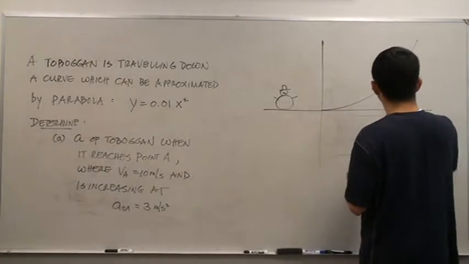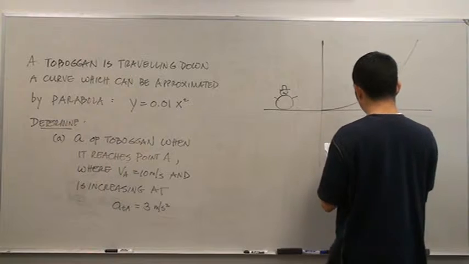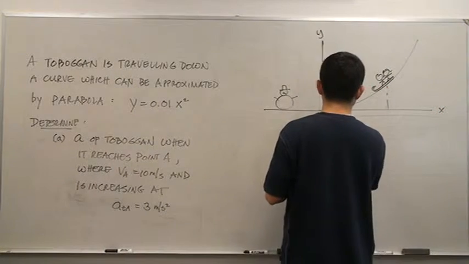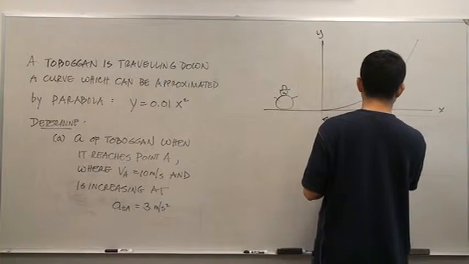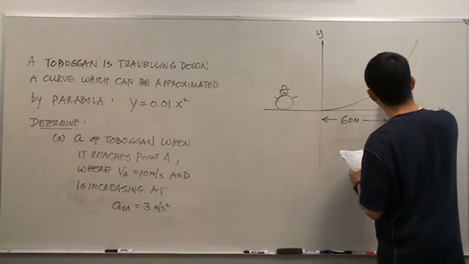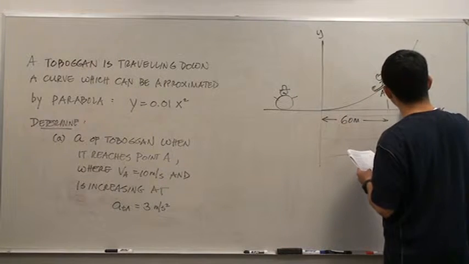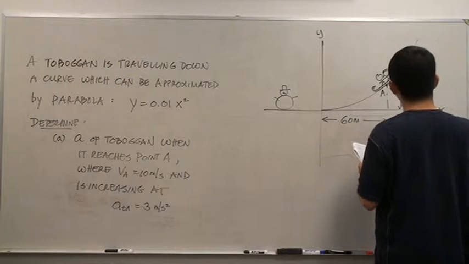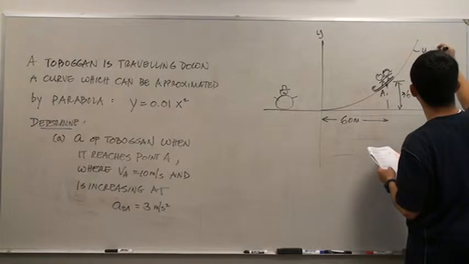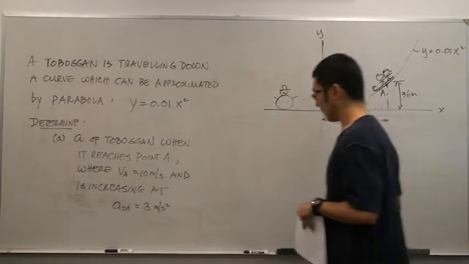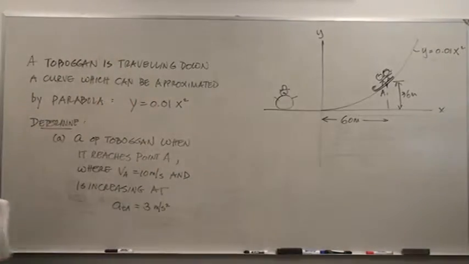So this is y, this is x. This is 60 meters away from the origin of this axis, and this is point A, of course. The height here is 36 meters. So this equation is y equals 0.01x squared. Give you a little bit of time to draw this.